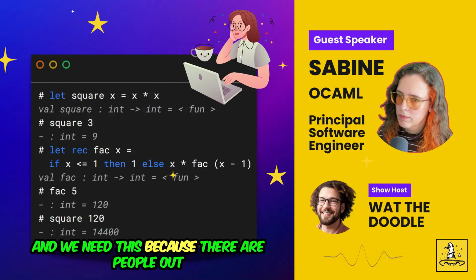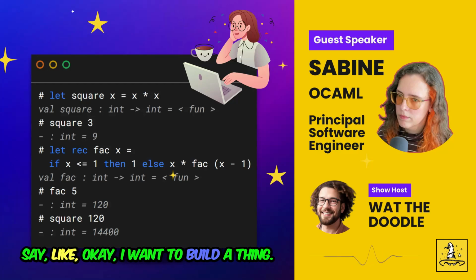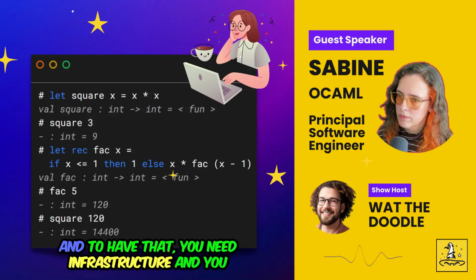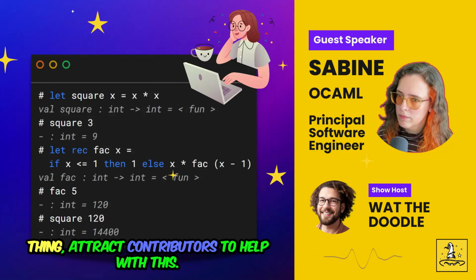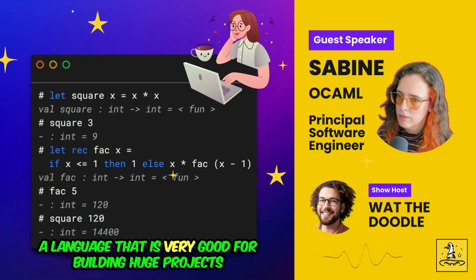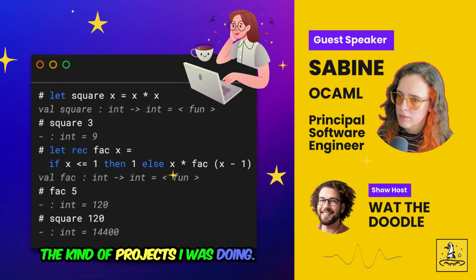And we need this because there are people out there like me who say, okay, I want to build a thing that people use, and I want a thing that makes money. And to have that, you need infrastructure, and you need someone to take charge, build a thing, attract contributors to help with this, so we can have the same cool thing in OCaml, a language that is very good for building huge projects that you can safely refactor, which is exactly the kind of projects I was doing. So it's a long story.